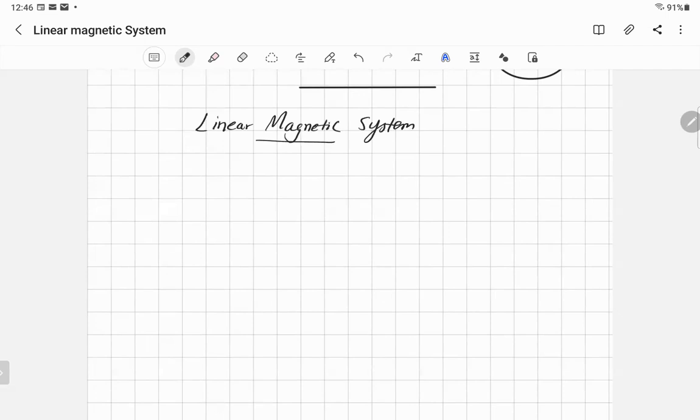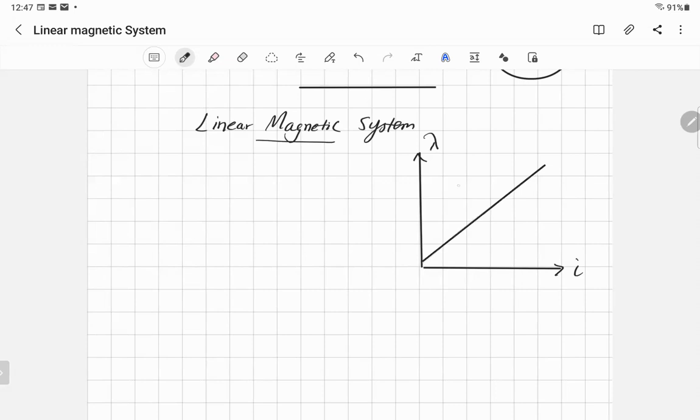In the linear magnetic system, we'll assume the relationship is linear. So let me just sketch. That's the current, and that's the flux linkage, and we'll say that's linear. All right.